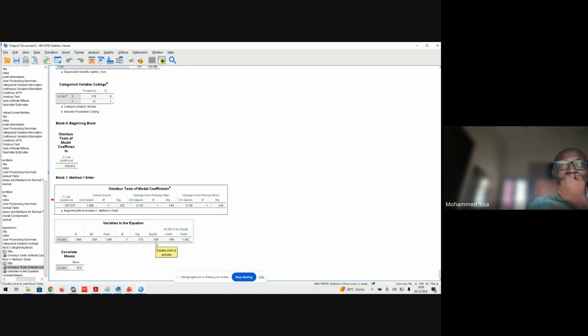So basically, it means that compared to men, women are 50% less likely to leave medicine, because this is negative. We're subtracting 1 from 0, right? And female is 0. So it's telling us that compared to male counterparts, women are 50% less likely to leave medicine.